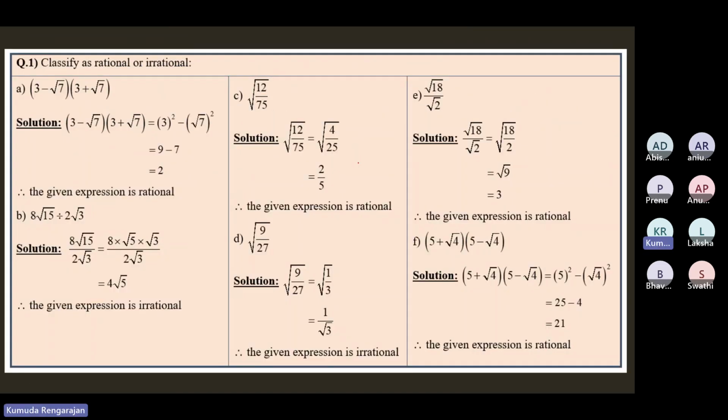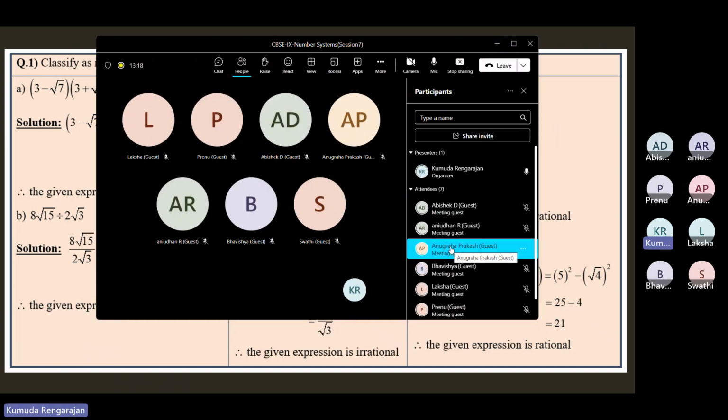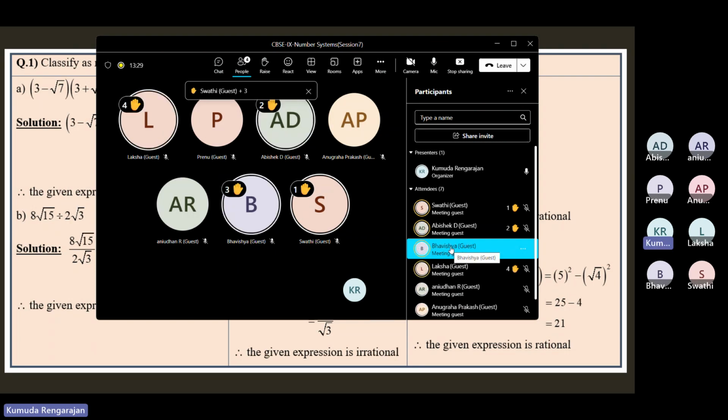See the first one, children. I'll just wait for some time. Check your answers. Tell me genuinely, raise your hands, children. How many of you have tried the questions? You may not have attempted questions where you have a doubt, but at least you should have tried completing the assignment.